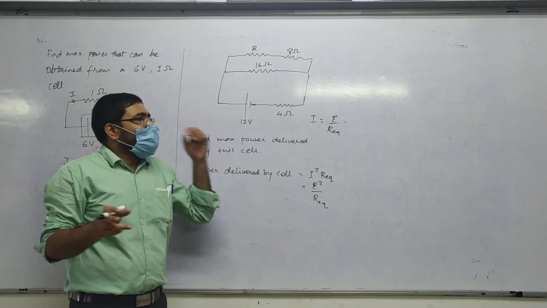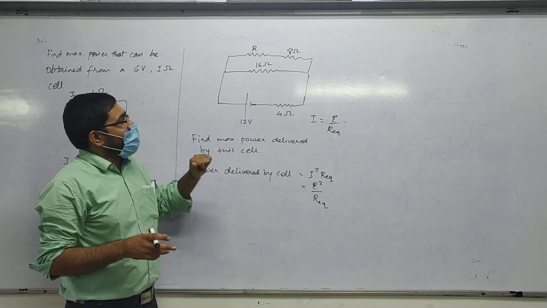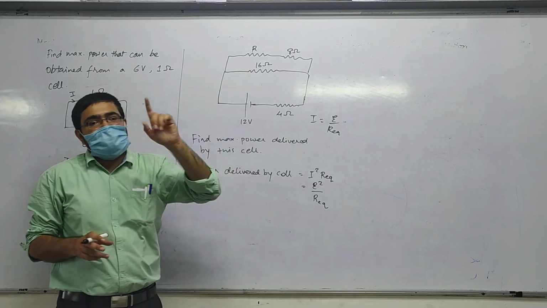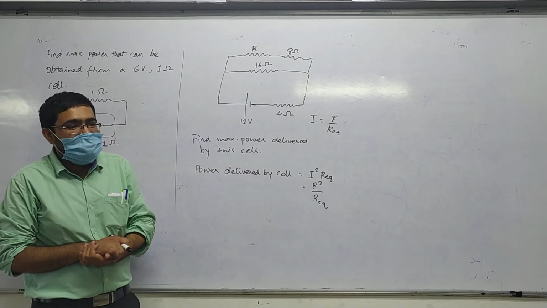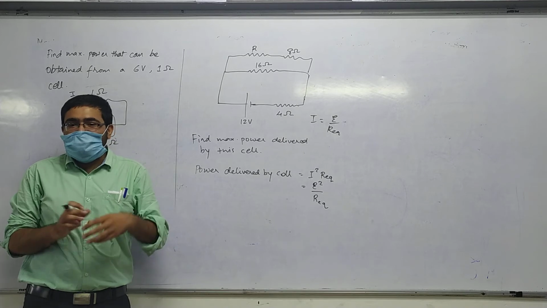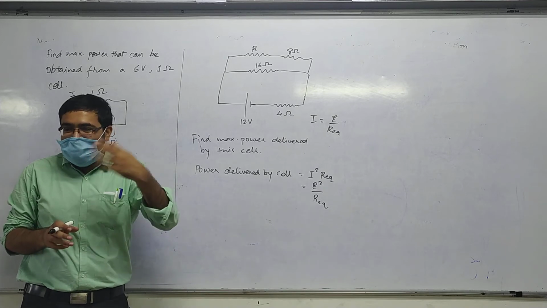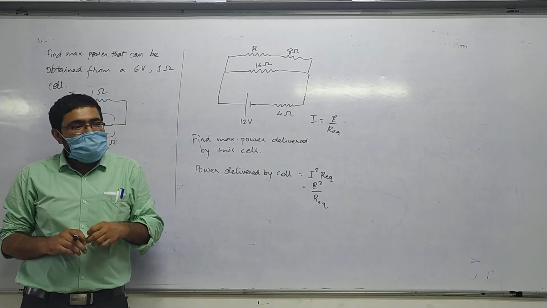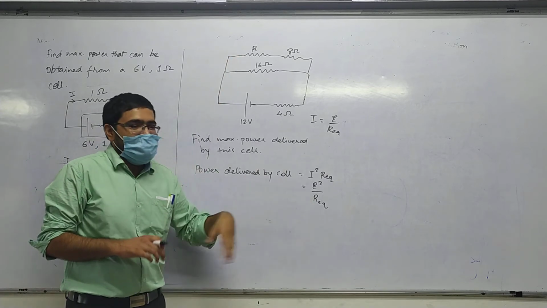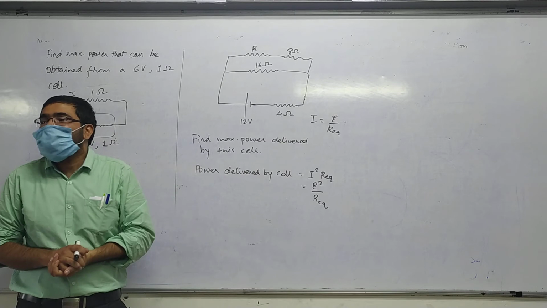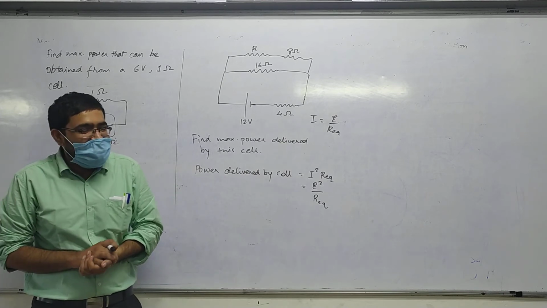Absolutely. Now, for R equivalent to be minimum, what do you think should happen to capital R? Should it be more or less? If individual resistance will increase, will equivalent resistance increase or decrease? Increase or decrease?